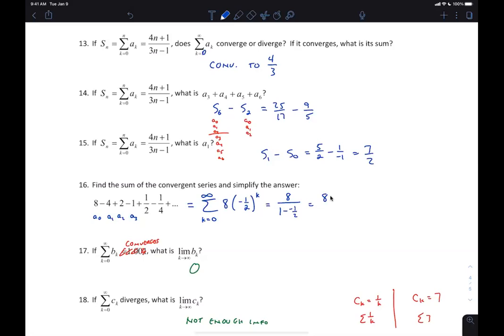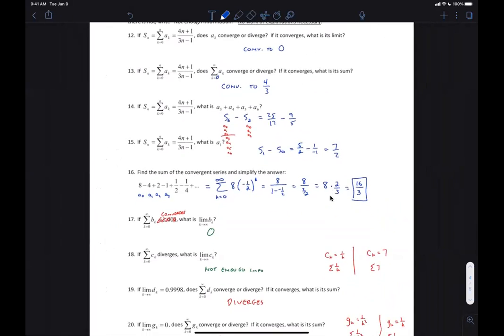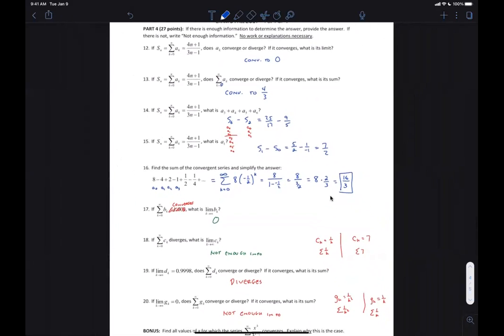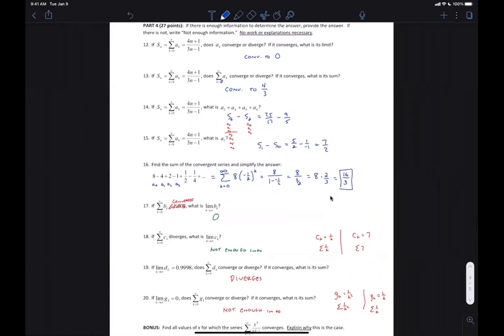So that's 8 over 3/2, which is 8 times 2/3, which is 16/3. This one did say to simplify the answer, so the sum there is 16/3. All right, we're going to do an arithmetic one next, but any questions on this page? This is from an old exam from, I guess, 3 years ago.